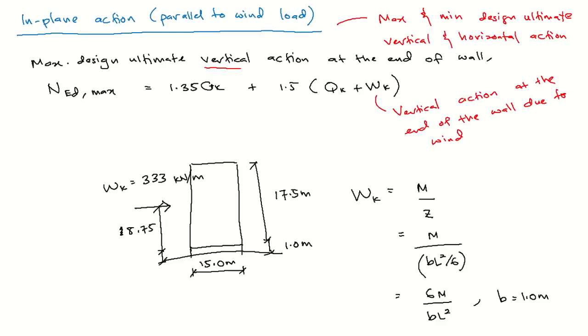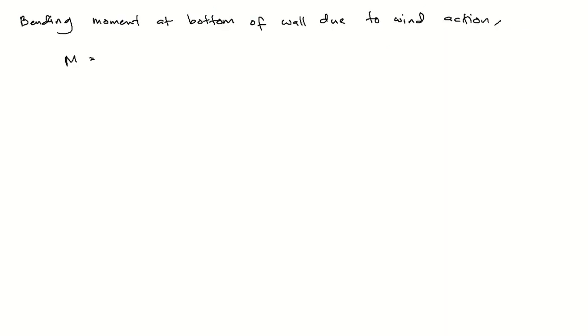Okay, and the load is 333. So 333 times the lever arm 8.75 plus 1. So that is your bending moment. 333 times the lever arm 8.75 plus 1, you will end up with 3246.75 kilonewton meter.